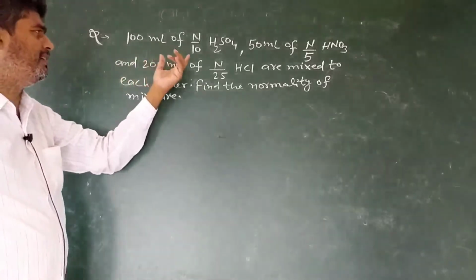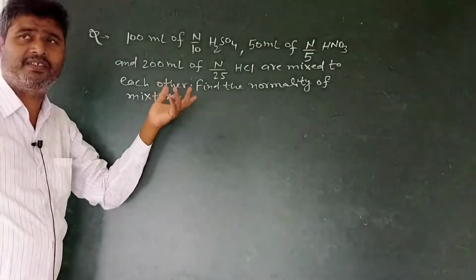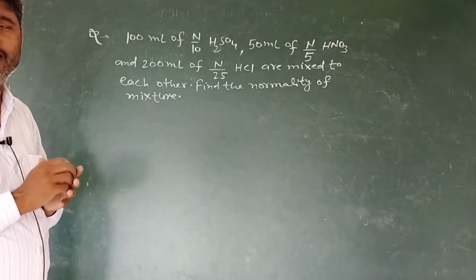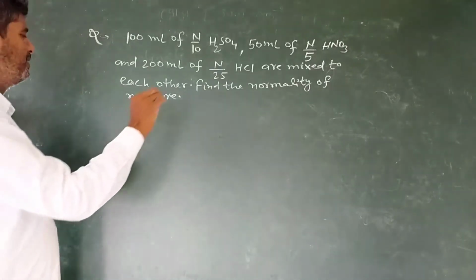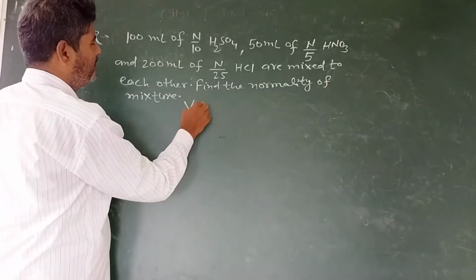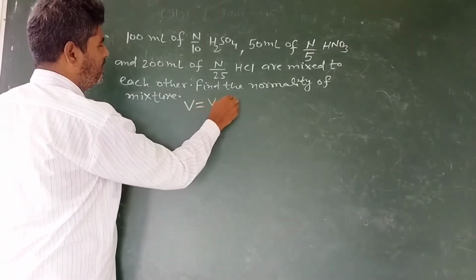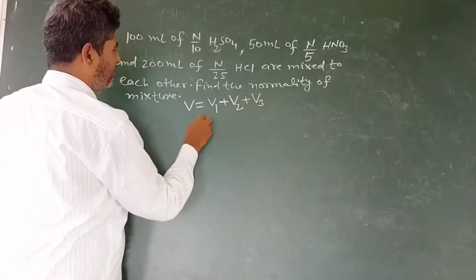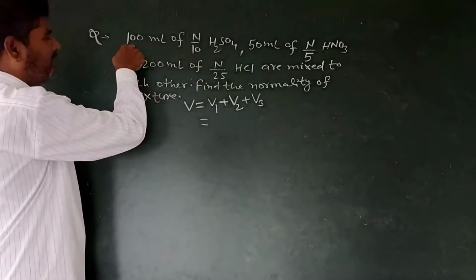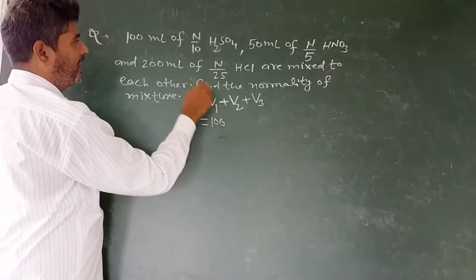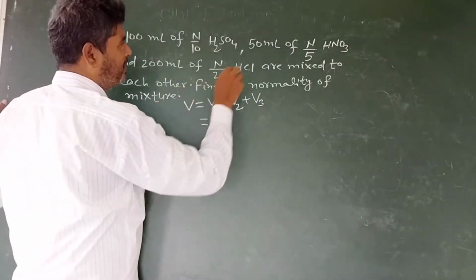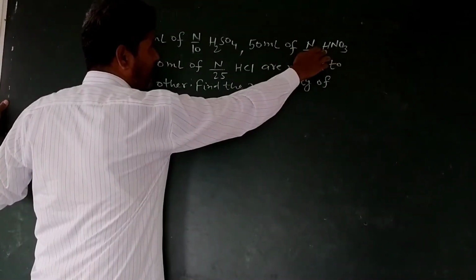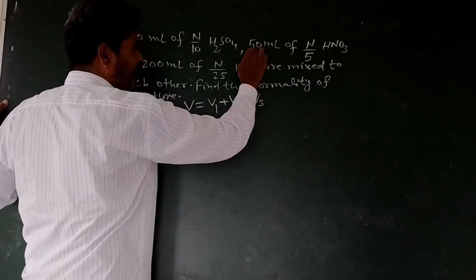Here all the three acids are mixed to each other. Hence, we will find the total volume of the mixture. So V is equal to volume of first plus volume of second plus volume of third. The volume of the first is 100 ml. The second component is nitric acid, and its volume is 50 ml.